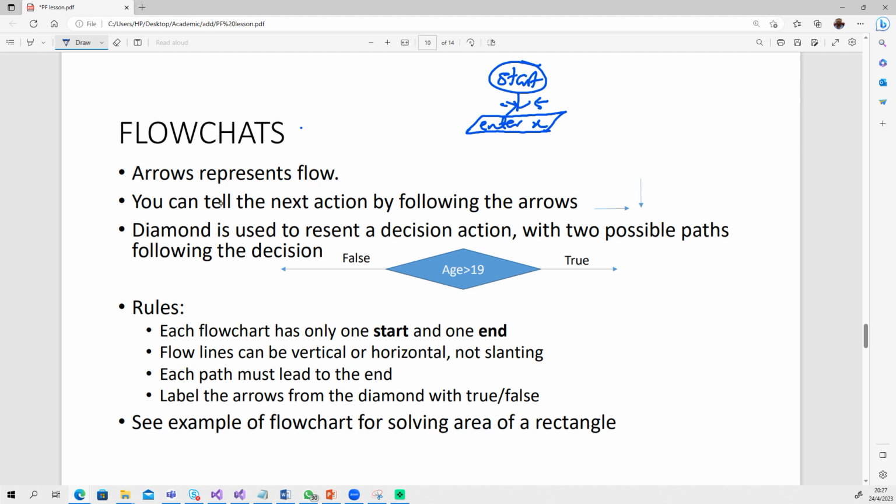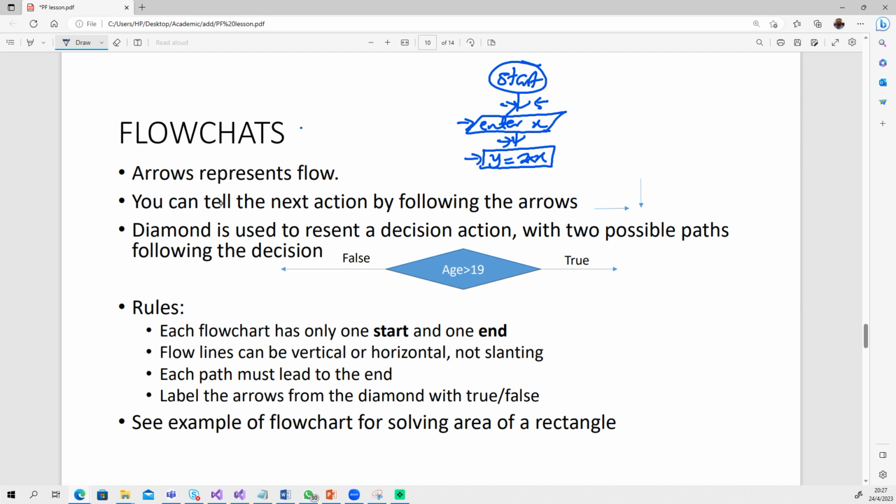So if we had a step like this, and then we had something like this, and then we say y, for example, is equal to 2x, or 2 multiplied by x. This tells me that after this, what's going to come next? I need to look at this here. So the next action is this one here.